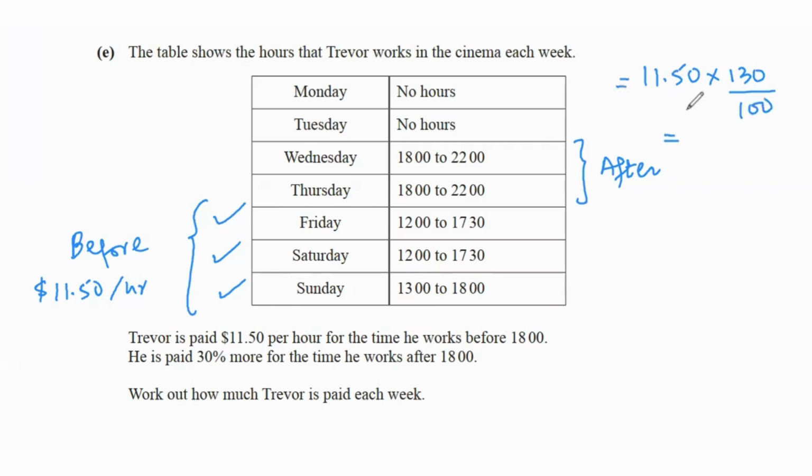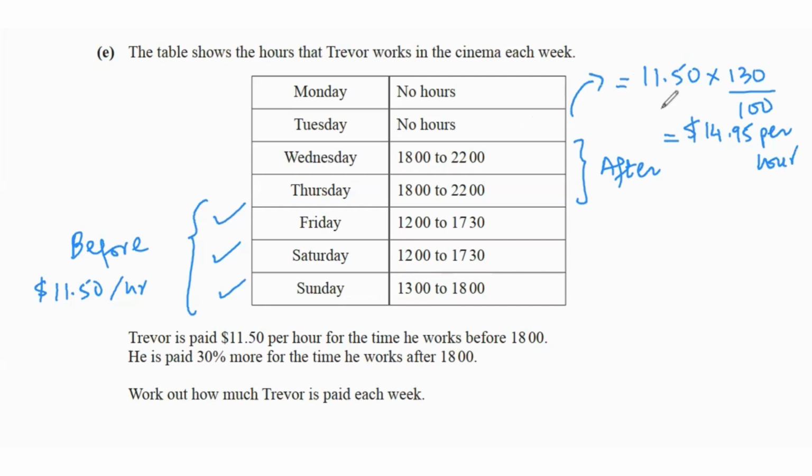This will give you the price that he's paid after 18. So this equals 14.95 per hour. So this is for after.